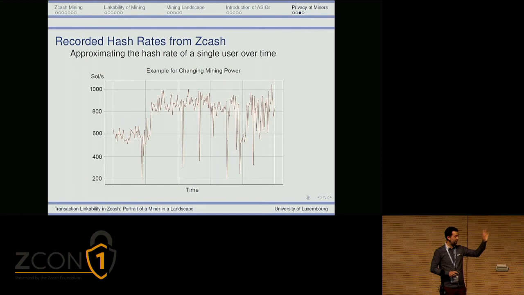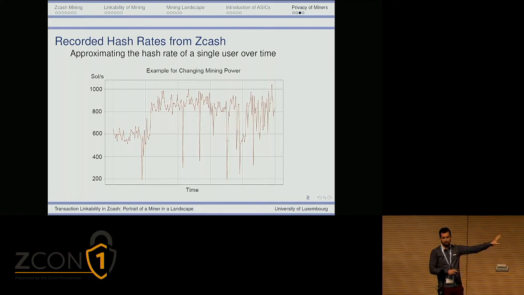And what we found, for example, in this case, is that this miner first started to have around 500 to 600 solutions per second mining rate, but at some point, at a very distinctive time, suddenly this mining power increased to around 850, 900 solutions per second, which is, coincidentally, exactly a GTX 1060 card.